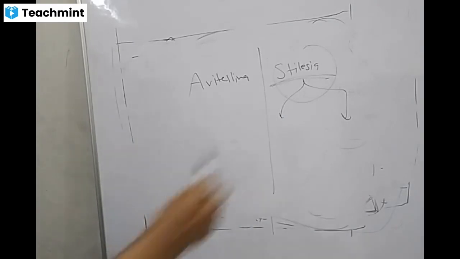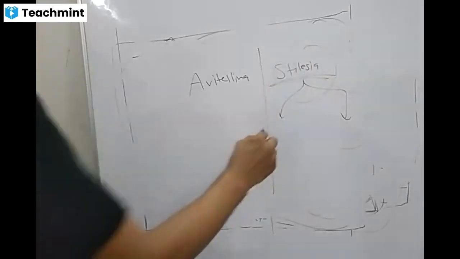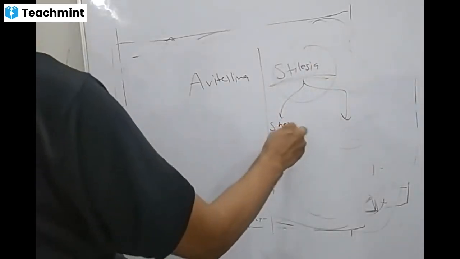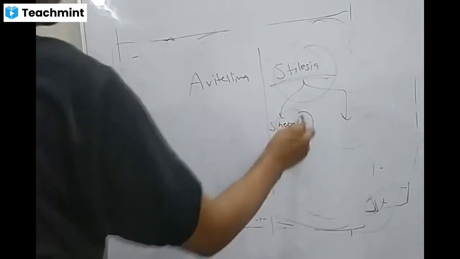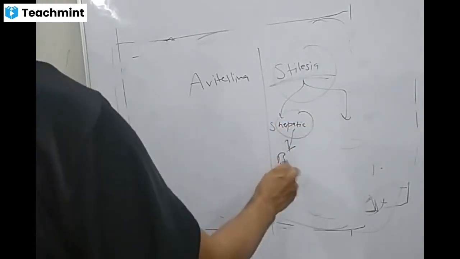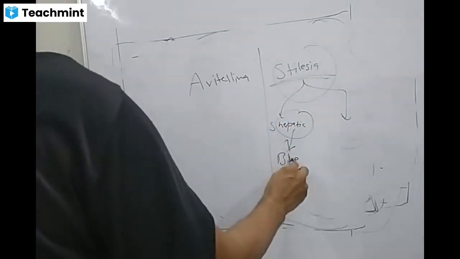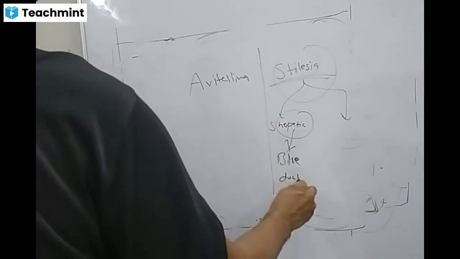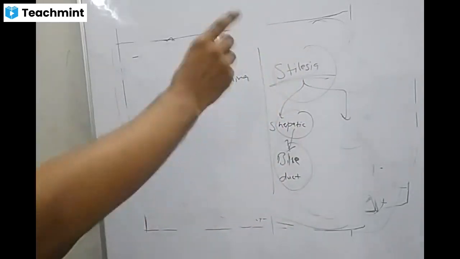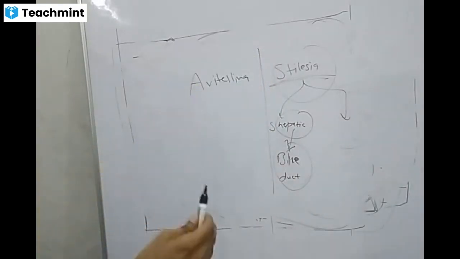In case of Stilesia, there are two species. One is hepatica. The name itself means liver, the site will be bile duct. So we call it a tapeworm which is present in the bile duct.